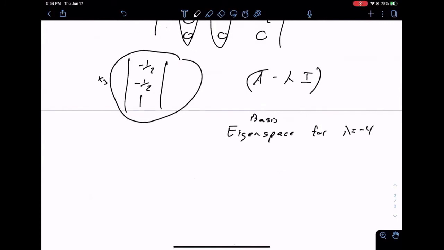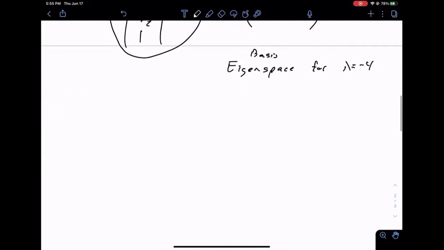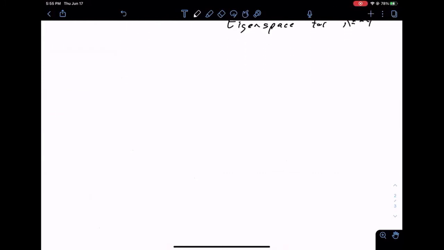All right. So we see how to find the basis for an eigenspace. Let's say we had done some other problem, and the solution we got for that homogeneous system was something like this.